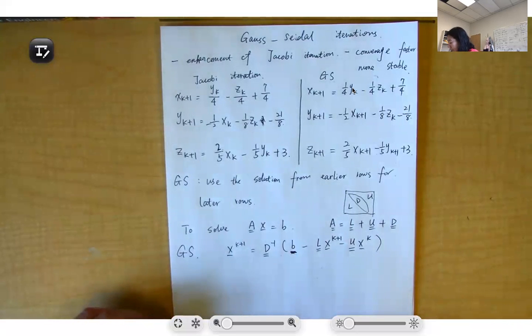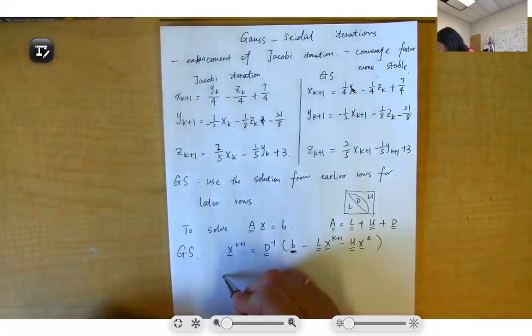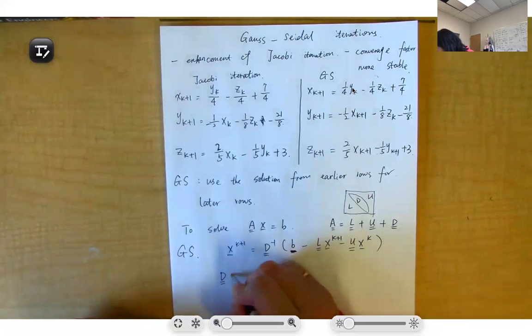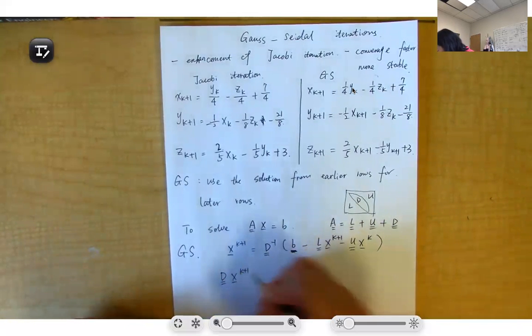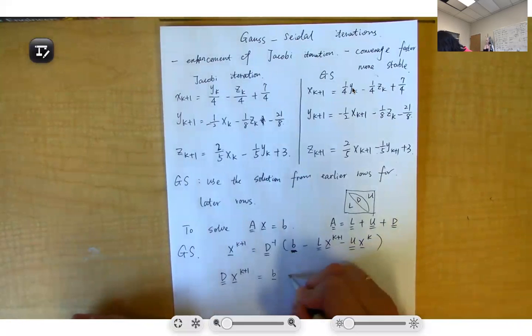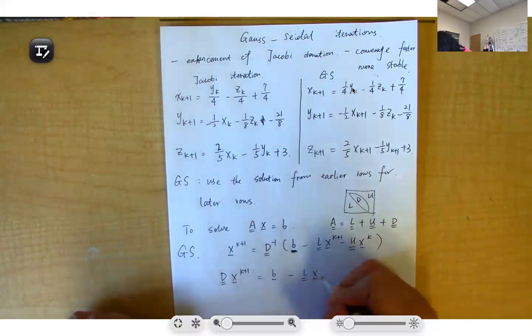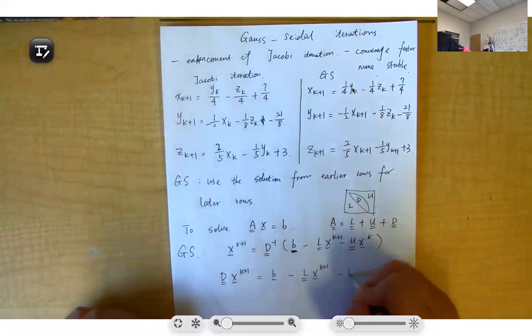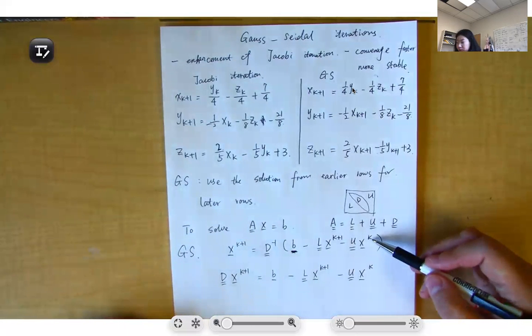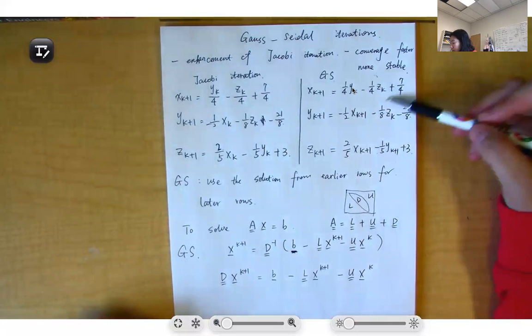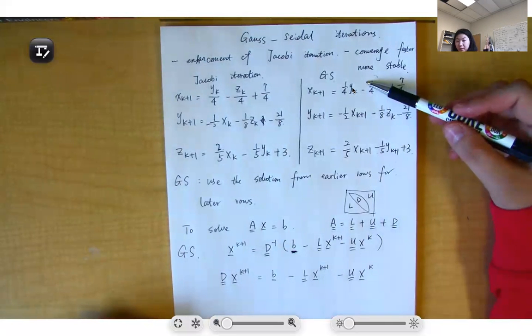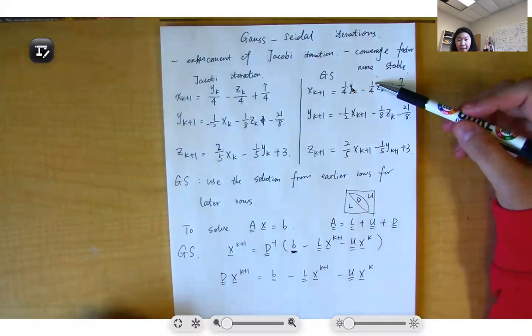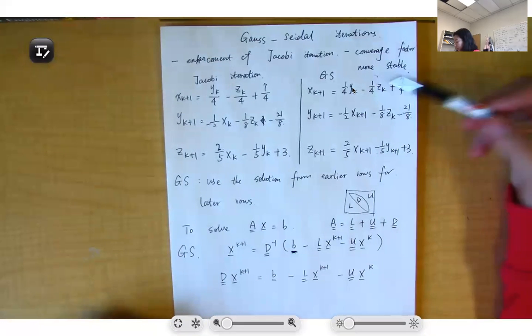Then what you have is D x_{k+1} equals B minus L x_{k+1} minus U x_k. This x_k is unchanged because in the upper triangular part, the value is not updated yet from the previous rows.